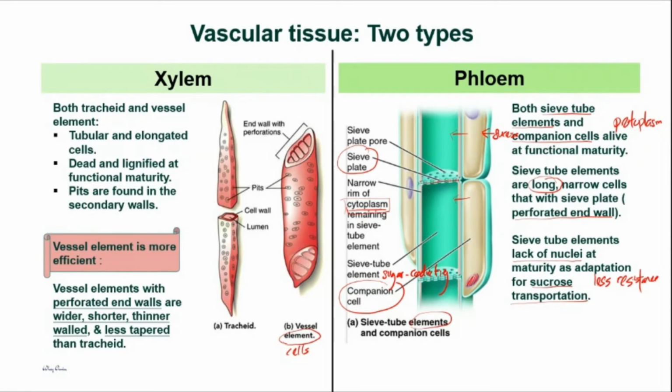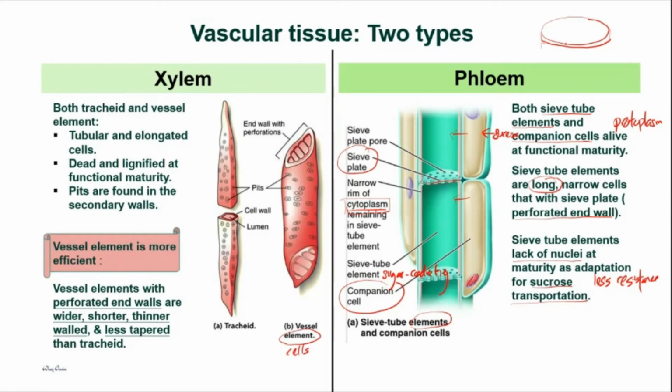End wall dia nama dia sieve plate. So di sini ada dua sieve plate yang baris yang untuk sel pertama iaitu sel atas, sieve plate yang untuk sel bawah. So dia seolah-olah macam kita kata penapis atau tube yang turas tu.